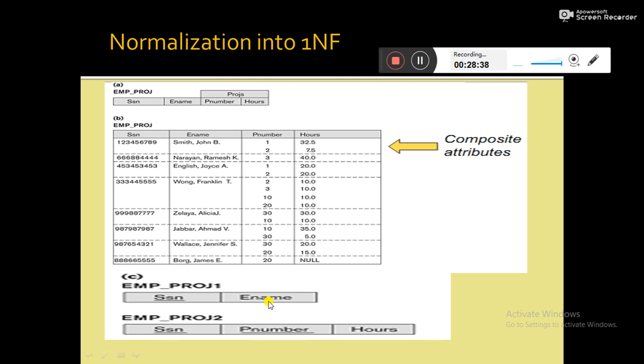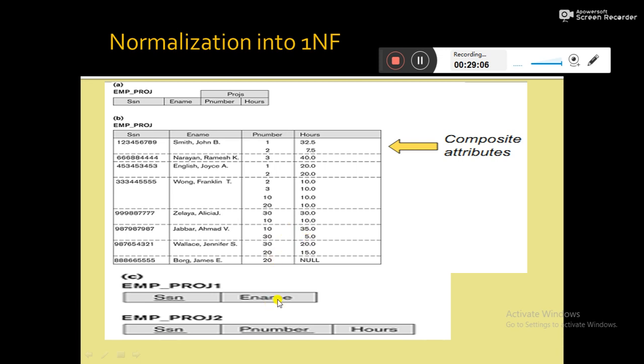To remind you, again I am repeating, a relation R is in 1NF if it doesn't have a multi-valued attribute as well as if it doesn't have a non-atomic attribute.